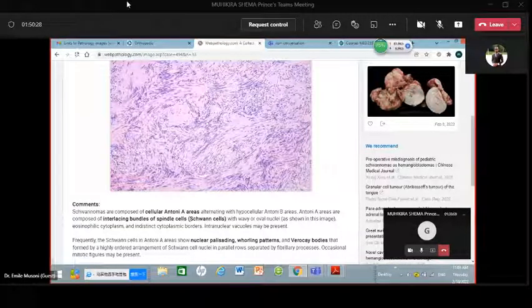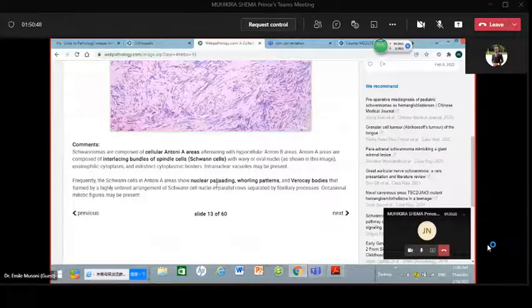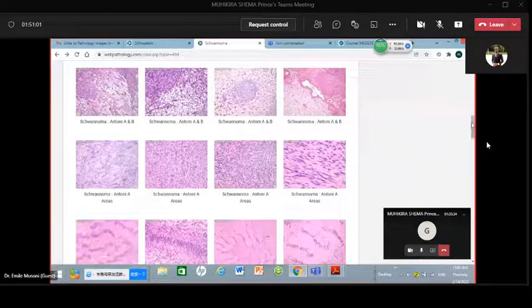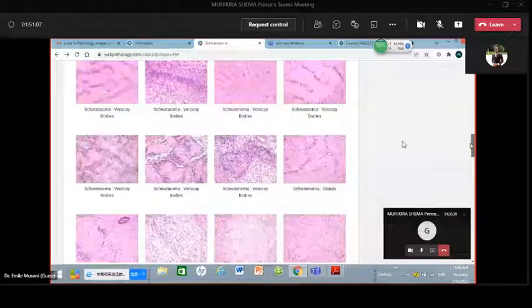This one, with wavy or oval nuclei, eosinophilic and distinctive cytoplasmic borders. The Antoni A areas show palisading pattern and Verocay bodies that form a highly ordered arrangement of cells. Verocay bodies.